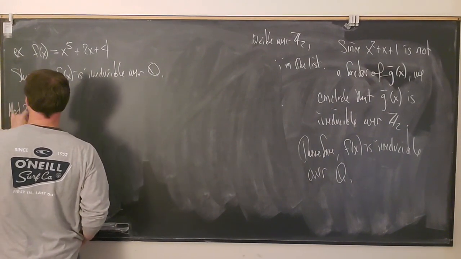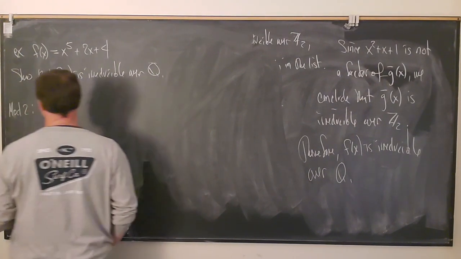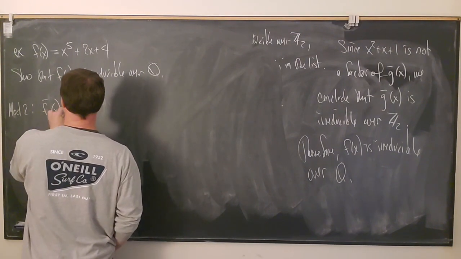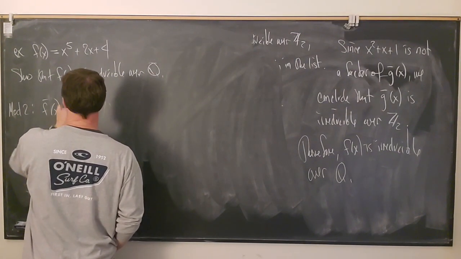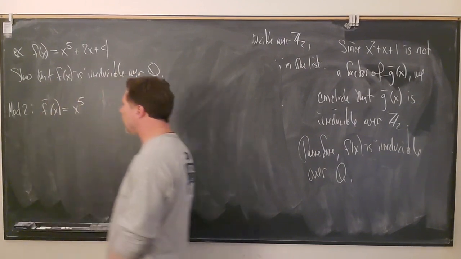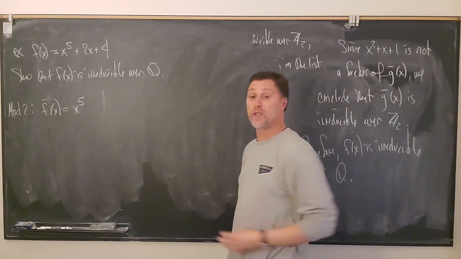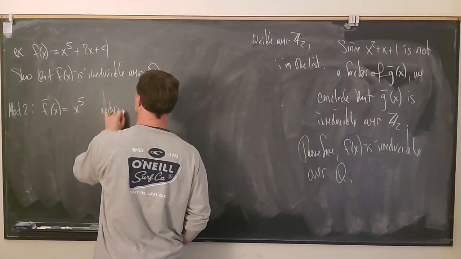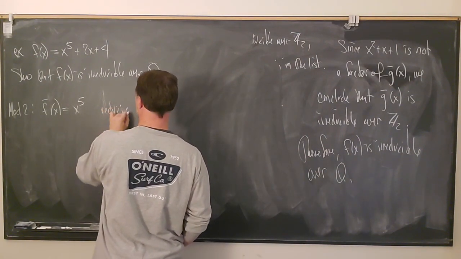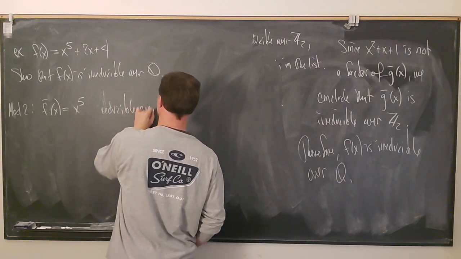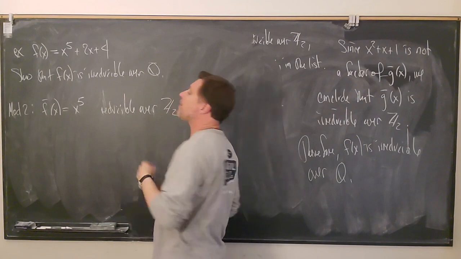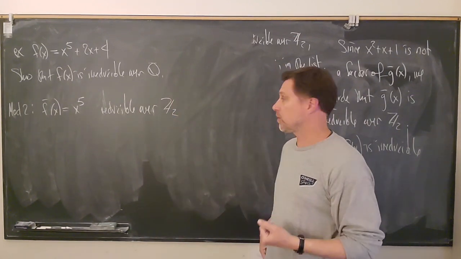So for mod 2, what do we get? We get f bar is equal to x to the fifth, right? Well, obviously it's reducible over Z2. So what that tells us is that the mod 2 test fails. It gives us no information, right?